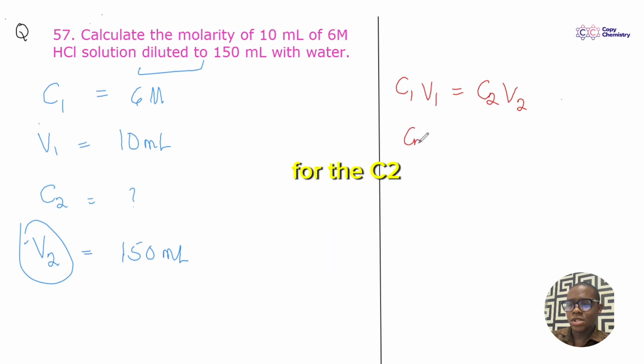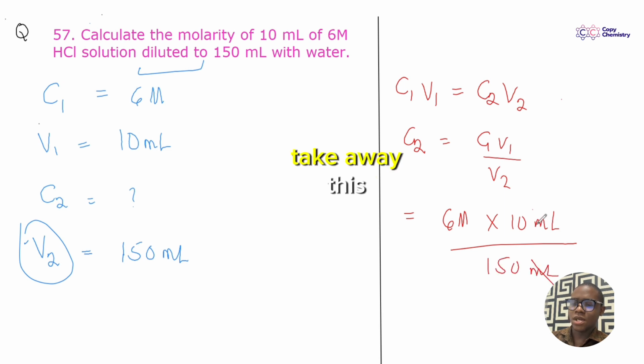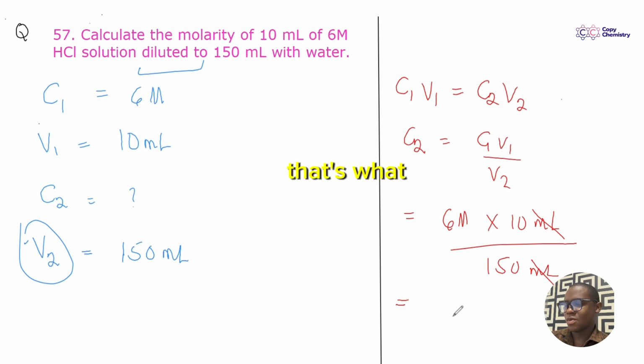Now we're looking for the C2, so that would be C1V1 divided by V2, if I make C2 the subject of the formula. When I plug in what I have, V1 is 10 ml, and then the V2 is 150 ml. This will take away this, and my final answer will be molar, which will make sense because they asked me to get concentration, right?